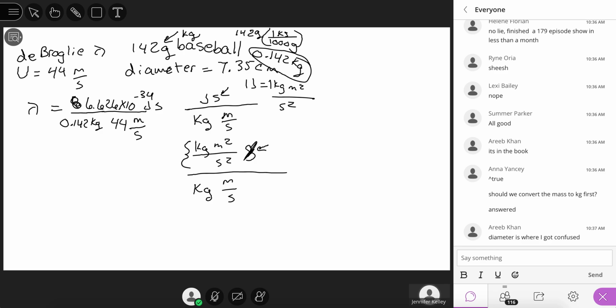This second will cancel out one of those. When you have kilogram meter squared per second, the kilograms cancel each other. Then what's left is meters squared over seconds divided by meters per second. When you do division with fractions, you just flip the one on the right, which becomes seconds over meters.